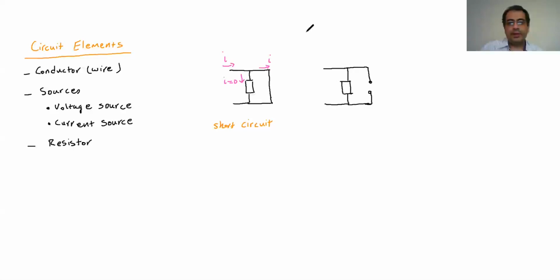And then we have the same I going here. This time it's going to be the opposite way. So all the I goes here and nothing goes through the wire. I is 0. When this happens, the V here is 0.